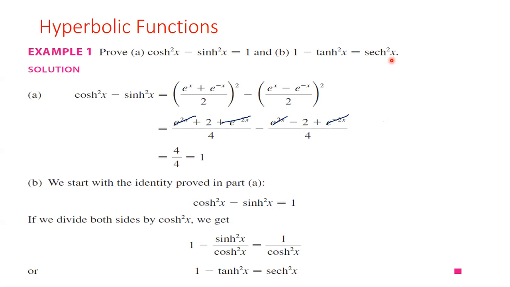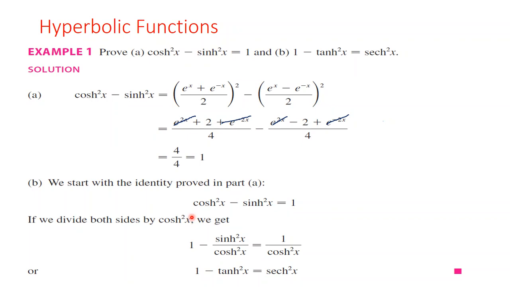We took cosh squared minus sinh squared is equal to 1, then divided each and every term by cosh squared x, because we know that 1 over cos is sec, and the same thing applies for the sec hyperbolic function.